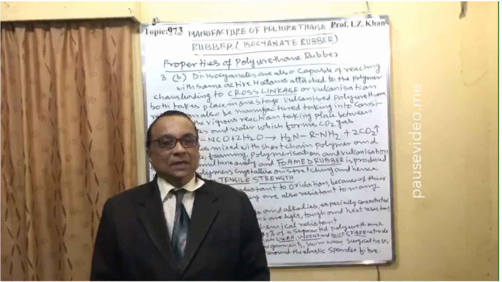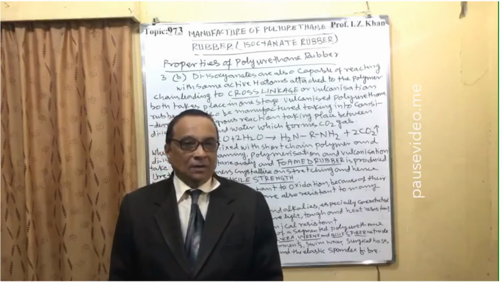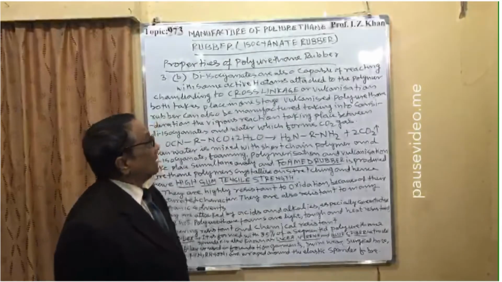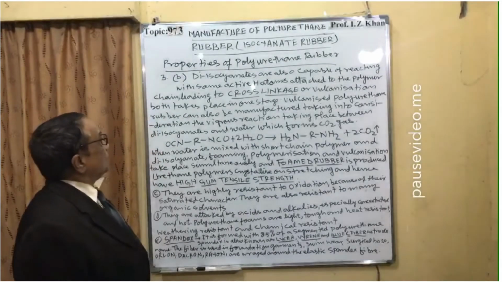So these are the properties of polyurethane rubber or isocyanate rubber, that is number 3.